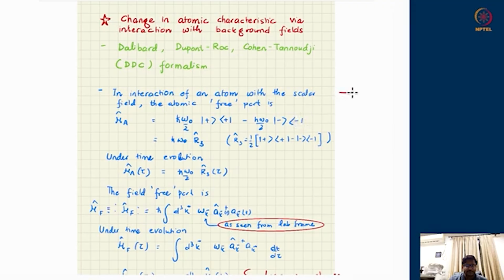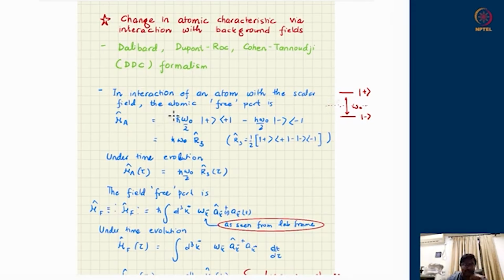I am just defining the structure: the ground state is given the symbol ket minus, the excited state is ket plus, and the frequency separation between them is omega naught.